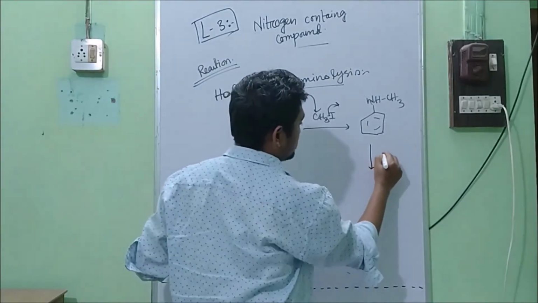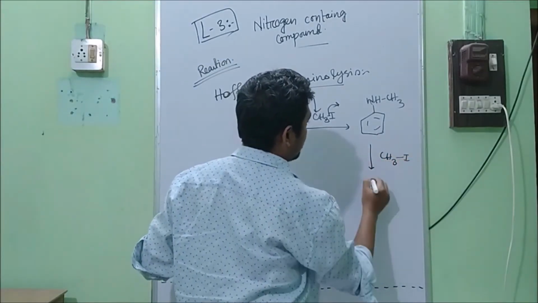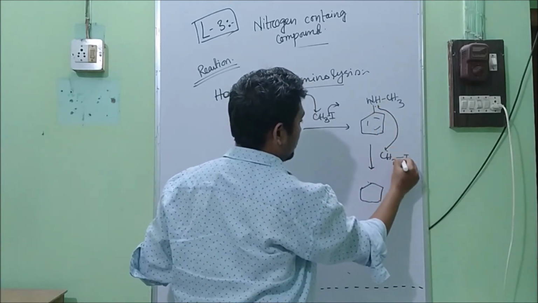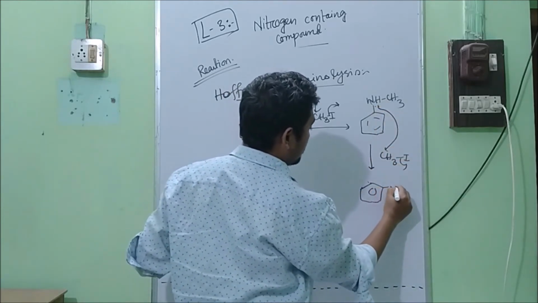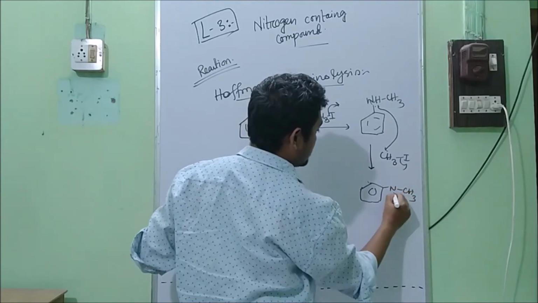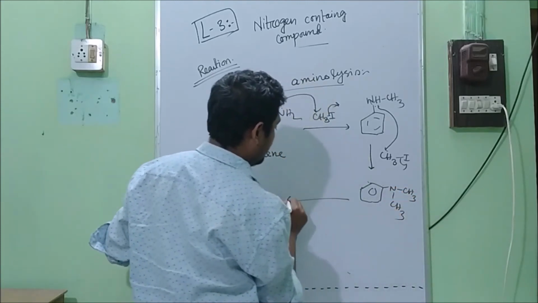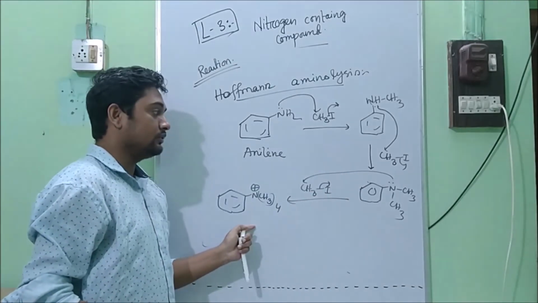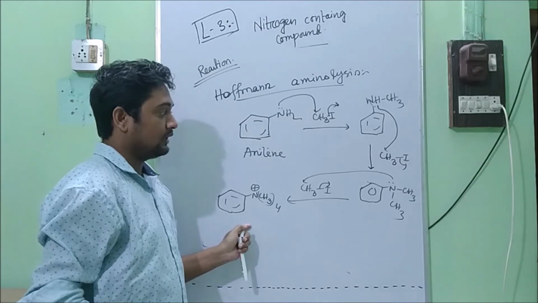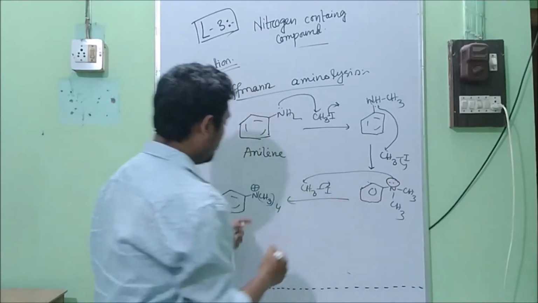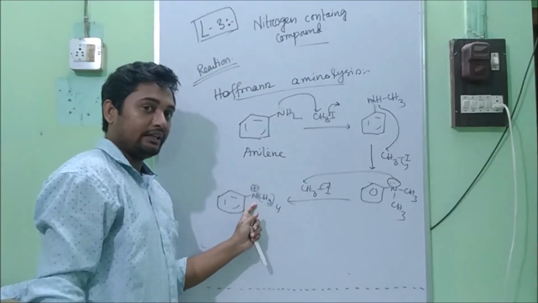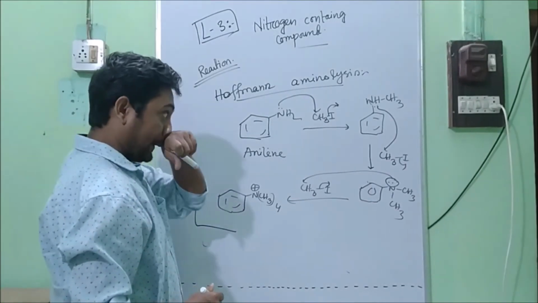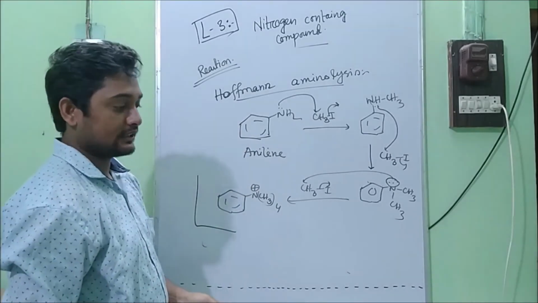Then if you use CH3I again, the lone pair will attack again and this iodine will leave. So now you have N(CH3)2 again. So the reaction will continuously move as long as it has a lone pair. Now look here, it does not have any lone pair, so the reaction will stop here. So this is the Hofmann alkylation reaction.